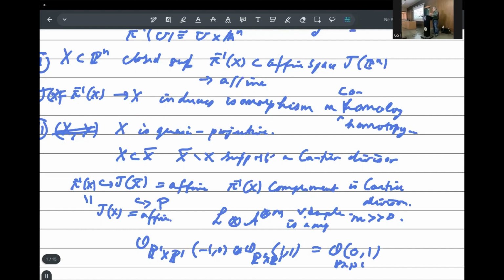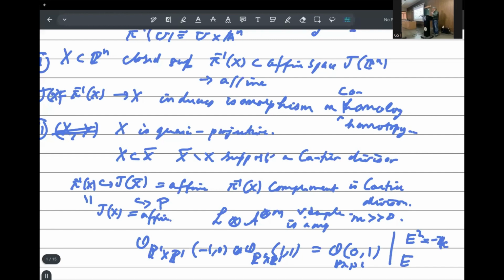And one can give more complicated examples. For example, you can take a surface with a negative self-intersection curve, a minus 2 curve, and you need to tensor by a sufficiently high power to get rid of the negative part. A minus n curve or something like that.